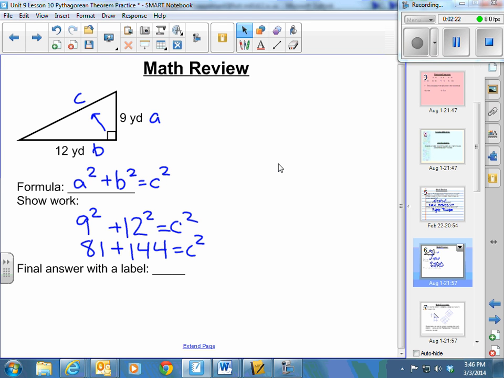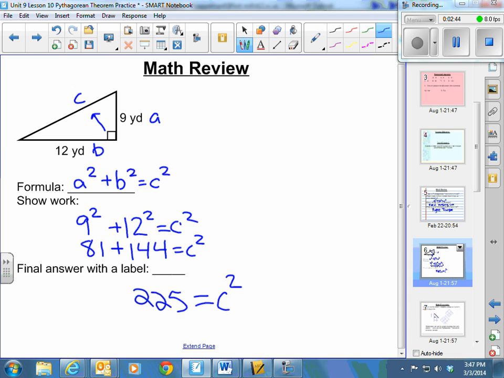And then we're going to go ahead and add 81 plus 144, and that's going to be 225. And that should be equal to c squared.